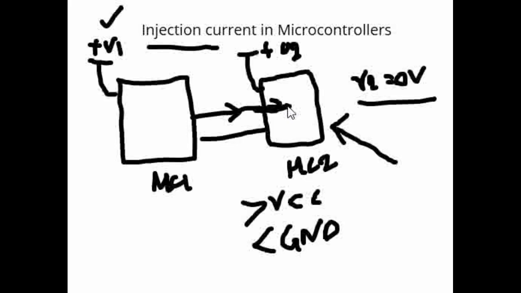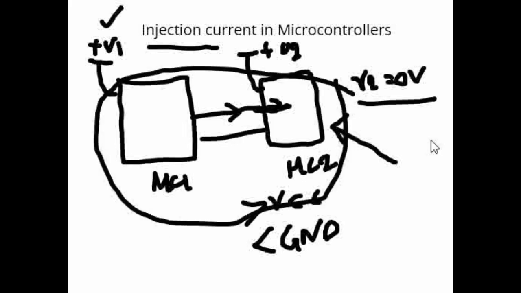These protection diodes might turn on, and this induces leakage in this particular IC, leading to injection current. A very, very important phenomenon to understand in microcontrollers. So if you are experiencing this kind of scenario which we talked about, it might be due to injection current.